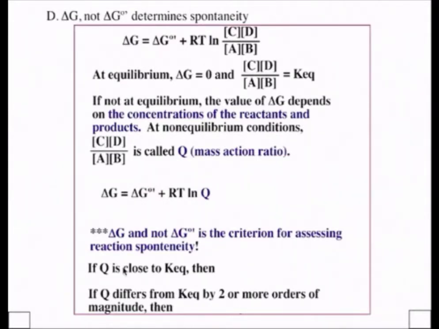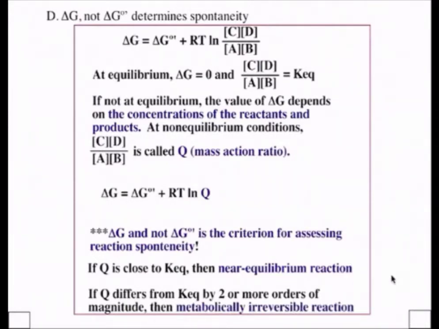So if Q, this value, is very close to KEQ, then it makes sense to say that the reaction is very close to equilibrium, so we have a near equilibrium reaction. On the other hand, if Q differs a great deal from KEQ, we know that we are very far from equilibrium and that we have a reaction that we would term metabolically irreversible.